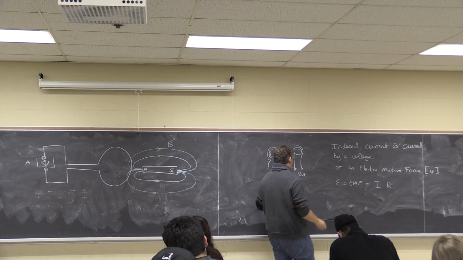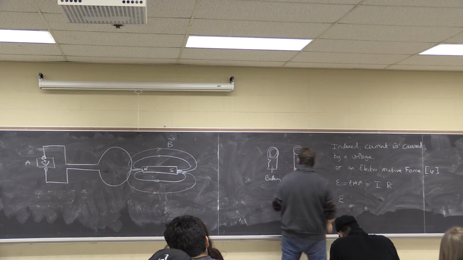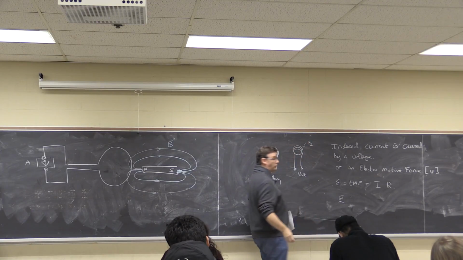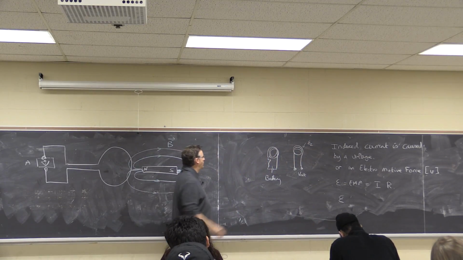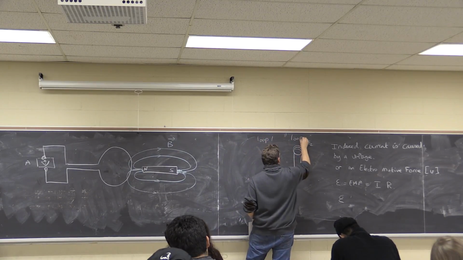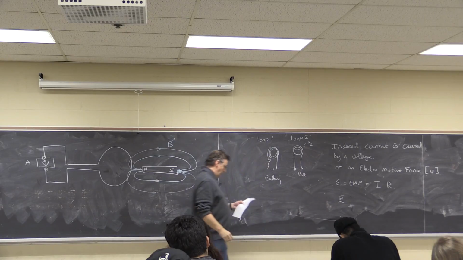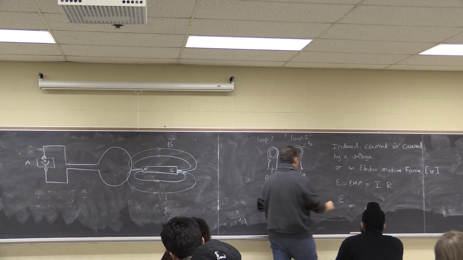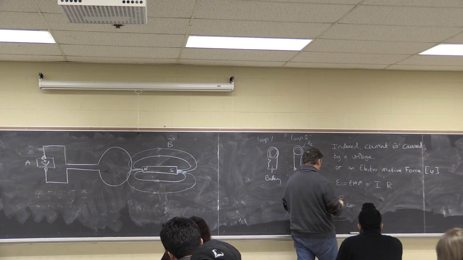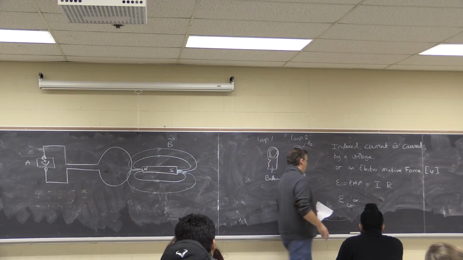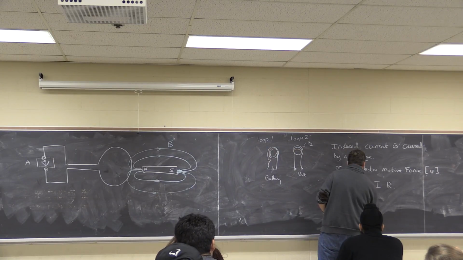But from those experiments, what I notice is that E in the second loop, so I'm going to measure the voltage across the second loop. So this is loop 1, and this is loop 2. So the EMF, or the voltage induced in this second loop, is proportional to dB by dt.